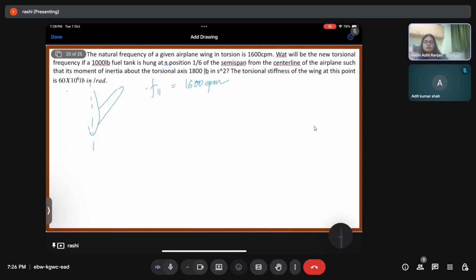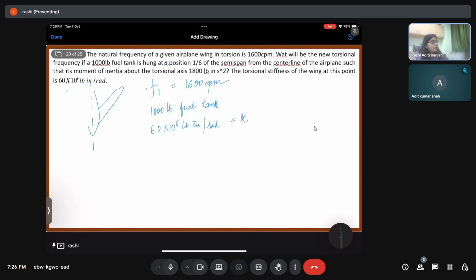We don't need to change it into omega. Second, we know that there is a 100 lb fuel tank, and then we have the torsional stiffness of the wing at this point, 60 into 10 to the power 6 lb inches per radian, which is the K stiffness.